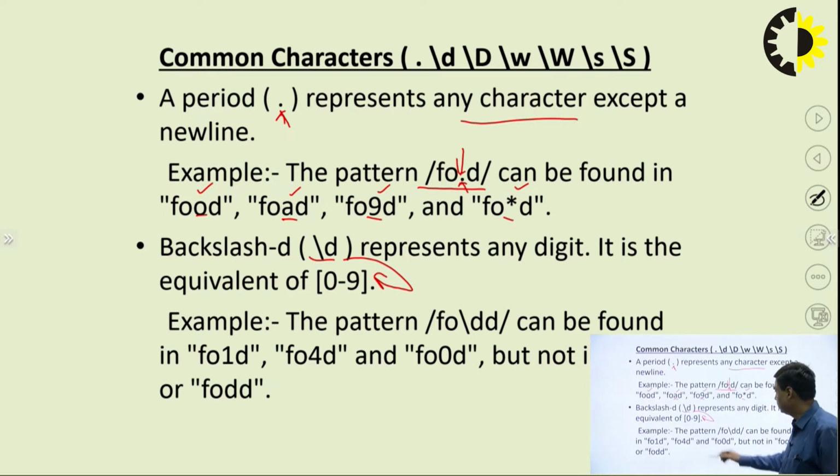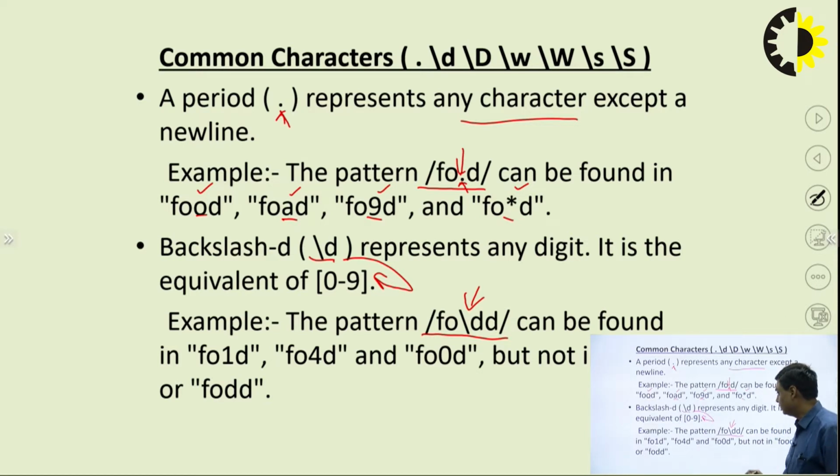So either you use \d with a small d or you use 0-9. Now look at an example. The regular expression is defined here, FO\dD. Now \d represents a digit that can appear in a string.